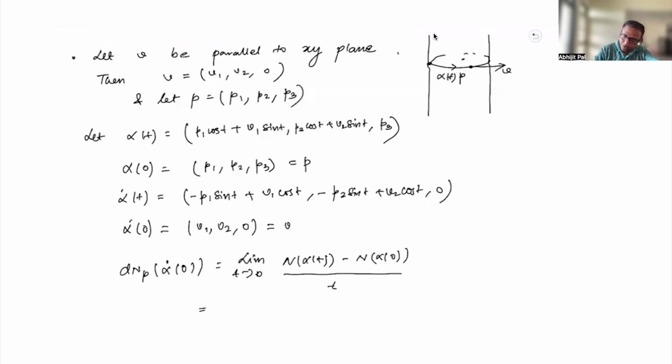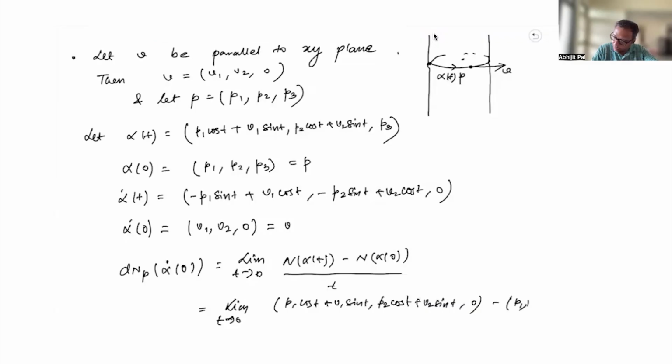N of alpha(t) is equal to (p1 cos t + b1 sin t, p2 cos t + b2 sin t, 0), minus, so what is N of alpha(0)?